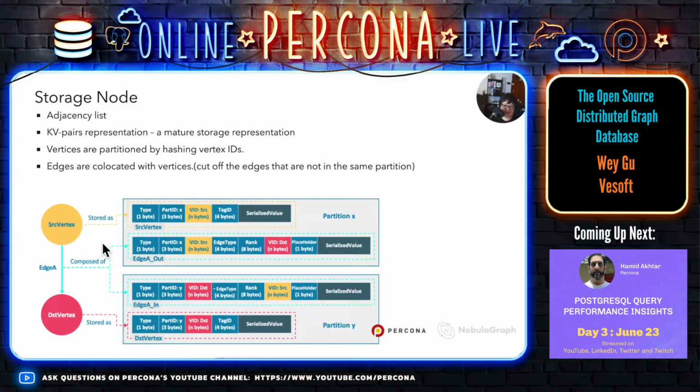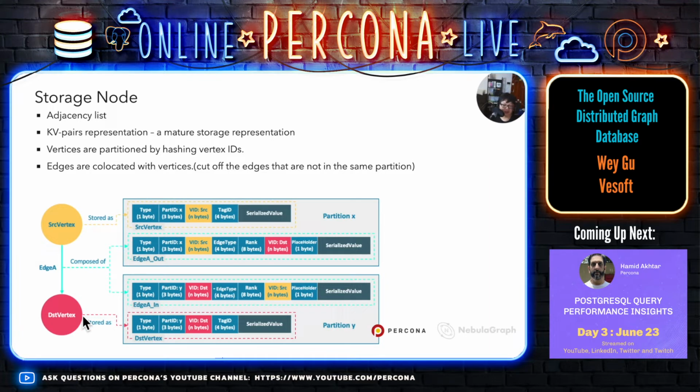But why is it duplicated? In a distributed graph database, you cannot put everything in one node. That's the most ideal situation, but unfortunately, with today's data volume, you have to distribute it. So either you cut your edge or cut your vertex. In Nebula, we cut the edge. That means you have two replicas of the edge data, duplicated on both sides of the vertex.